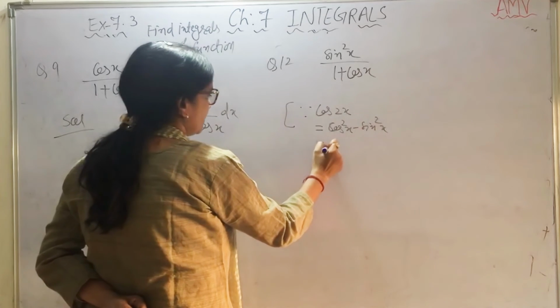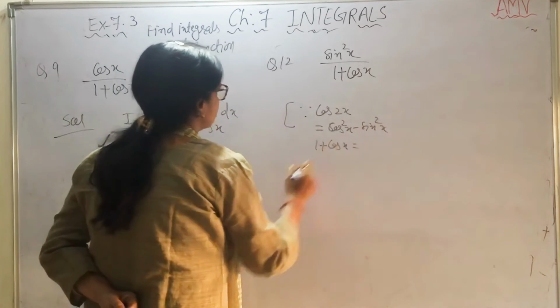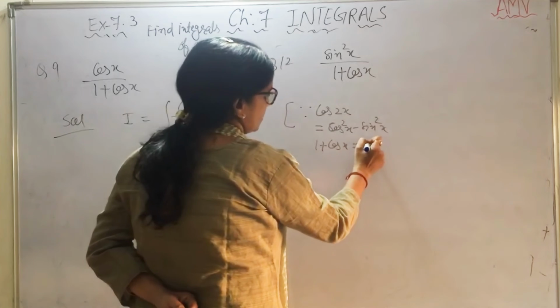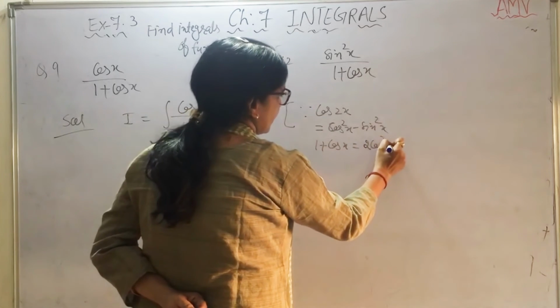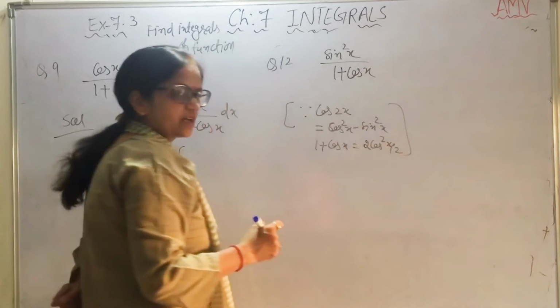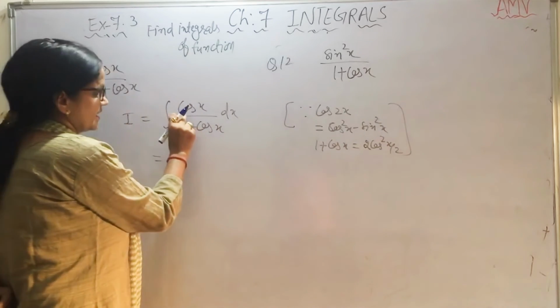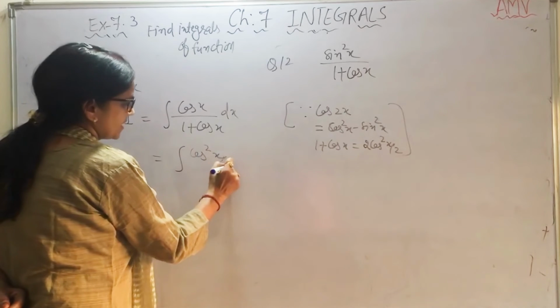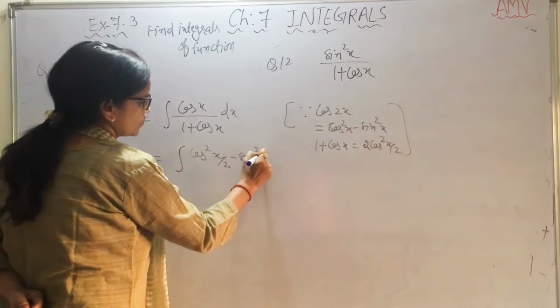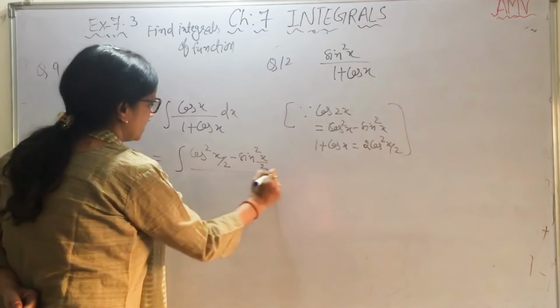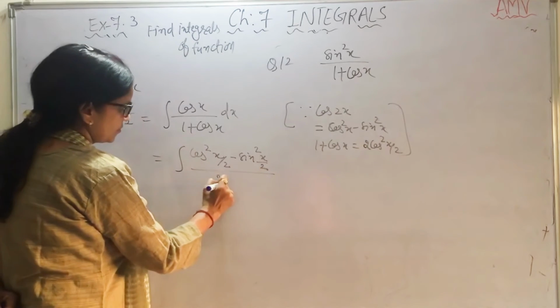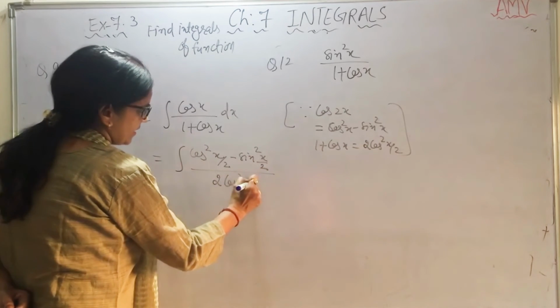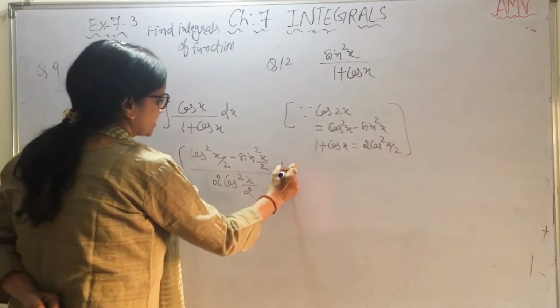And 1 plus cos x is 2 cos square x by 2. I am writing cos x as cos square x by 2 minus sin square x by 2, and here it is 2 cos square x by 2 dx.